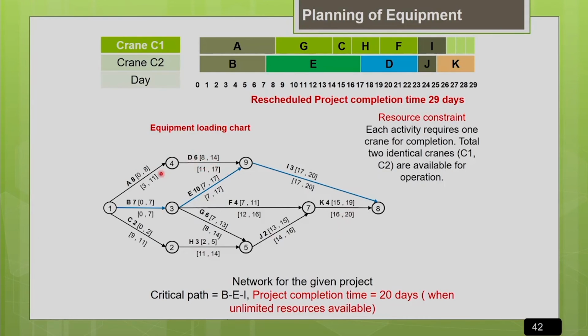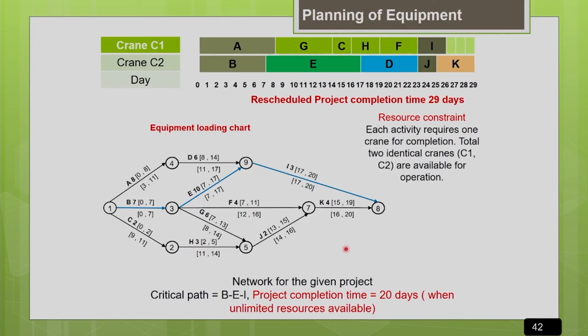Now let us see how the resource allocation has to be done for this project. First the network diagram is drawn, I mean the scheduling is done, assuming that resources are unlimited. But everyone knows this cannot be a real case. In every project site there will be a constraint on resources. Resources are never unlimited. So first it is drawn assuming they are unlimited, and the project completion time is 20 days.